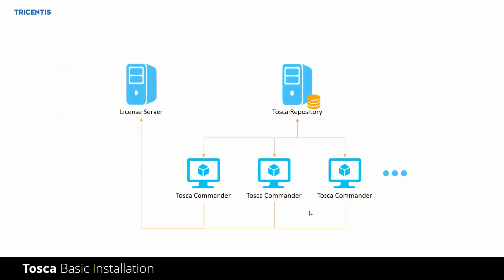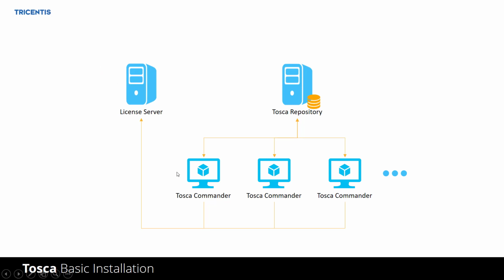Let's take a look at a normal situation on a customer side. Typically, you have one server, which is the server for the database, where you will install your common repository. On the other side, you might have a second server where Tricentis Tosca server will be installed with all its features depending on your needs.